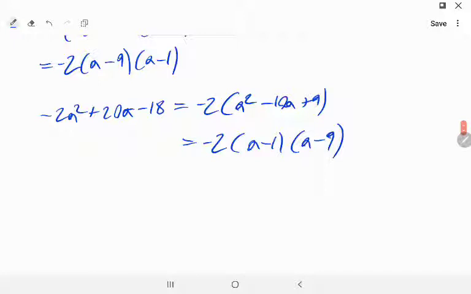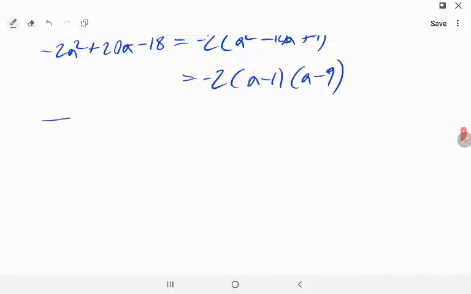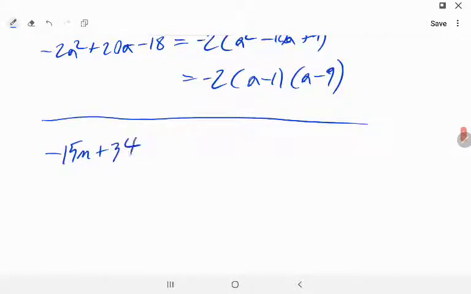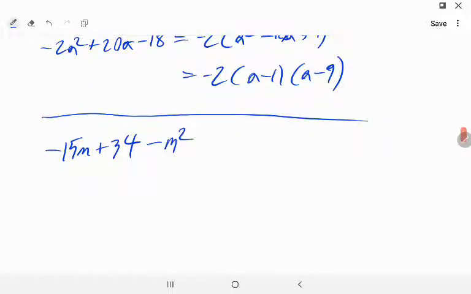If we had negative 15m plus 34 minus m squared, we can rewrite that as negative m squared minus 15m plus 34.